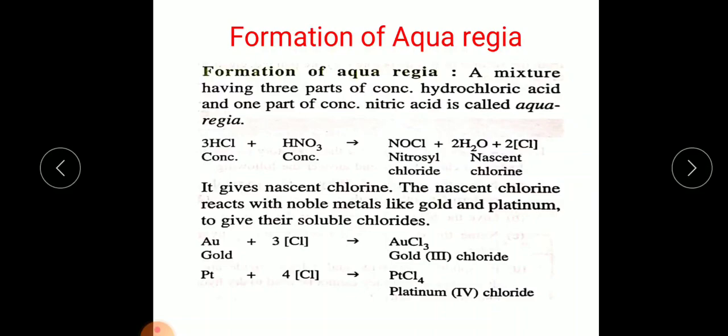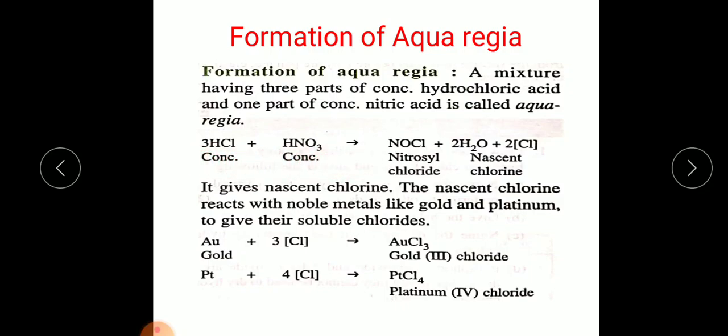Formation of aqua regia. Aqua regia is a very important term. Aqua regia is a mixture of 3 parts concentrated hydrochloric acid and 1 part concentrated nitric acid. That means if you take 10 ml of nitric acid, you need to take 30 ml of HCl.